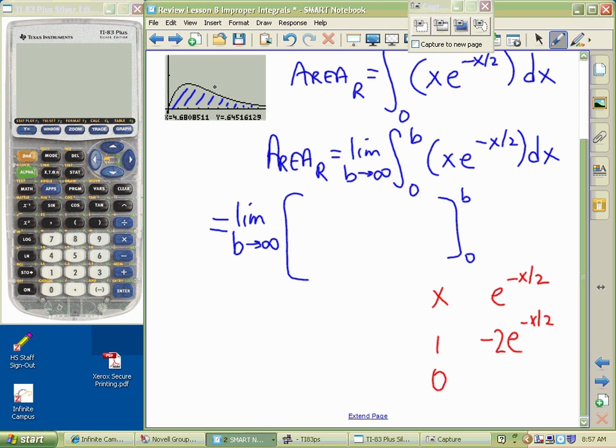Remember that the derivative of e to the something is e to the something times the derivative of that something. So we need a negative 2 out here to compensate for the negative 1/2 that's coming down. And then this is another e to the negative x over 2 with a 4 right there. And then we remember everybody holds hands. These guys hold hands and keep the sign.